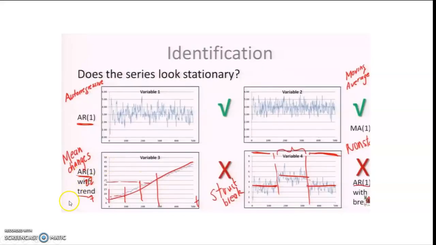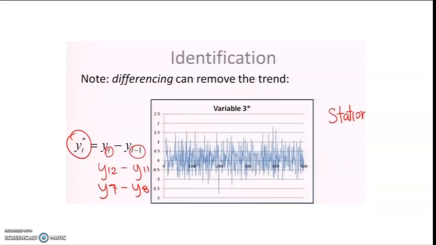Regarding variable 3, which has an upward trend, it can be stationarized. We can make it stationary by taking the first difference, and delta yt or yt star is equal to yt minus yt-1.